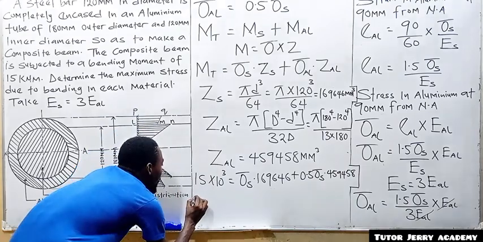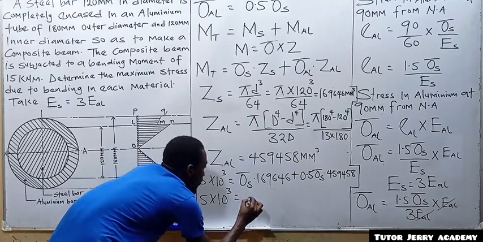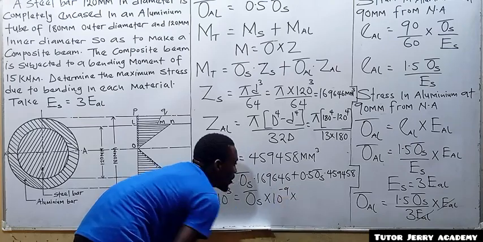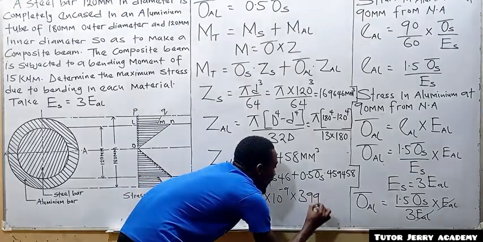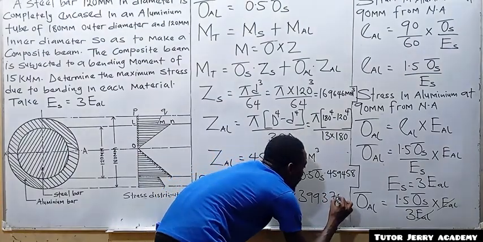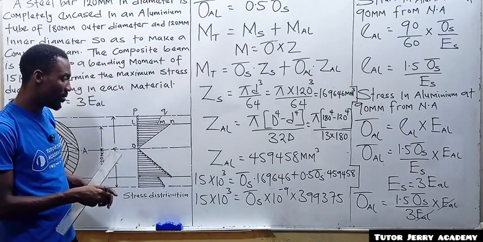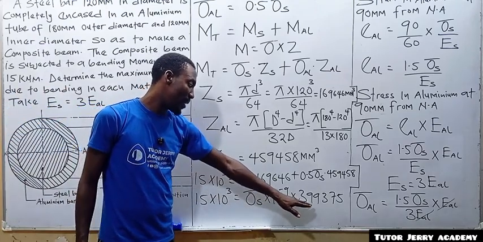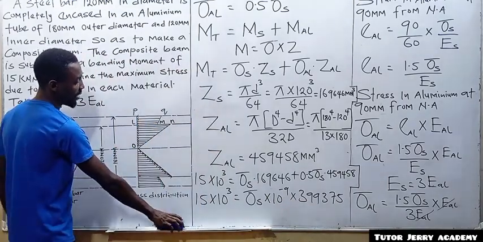All right, 10 to the power of 3 equals the stress in the steel multiplied by 10 to the power of minus 9 multiplied by what? 399375. All right, so that is what we are going to have. So we can therefore divide both sides by 10 to the power of minus 9 multiplied by 399,375. Then we are going to get the stress in the steel.